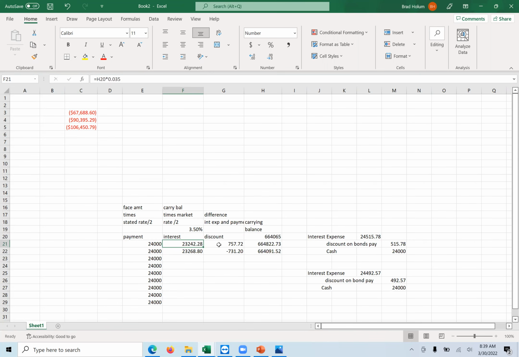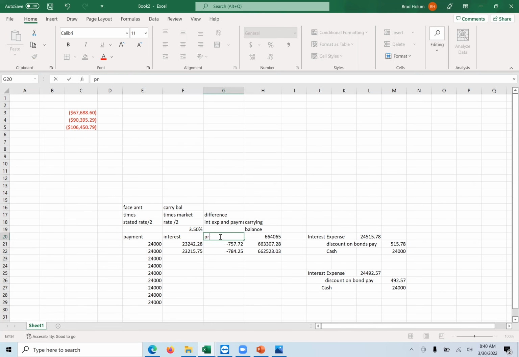As you see here, the difference between the interest and the payment is a reduction of $757.72.